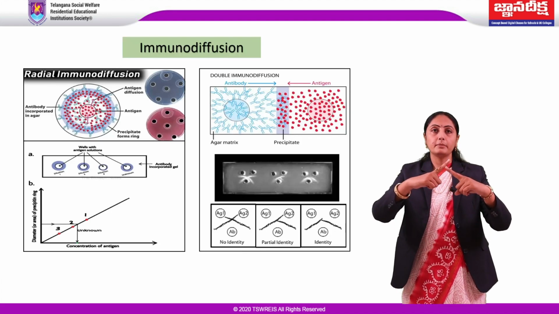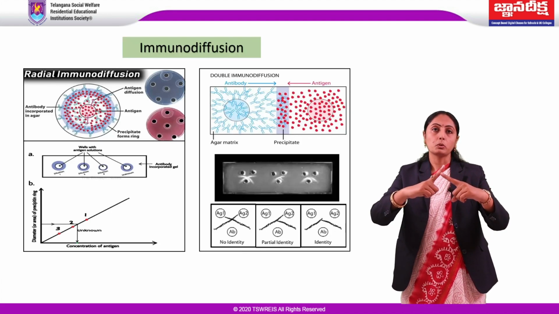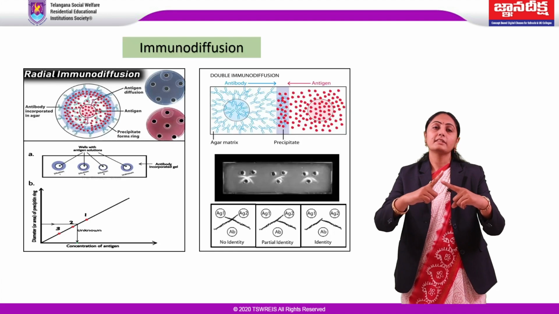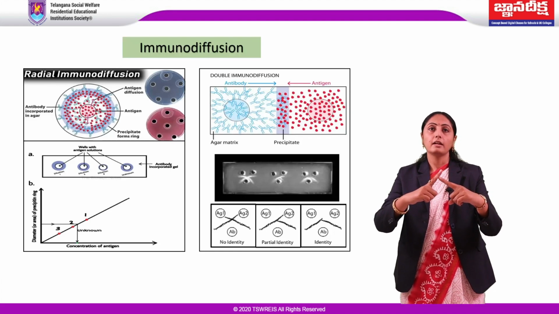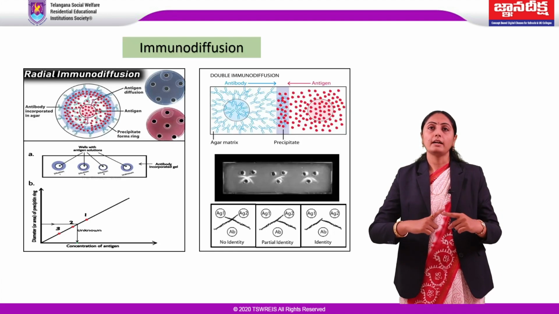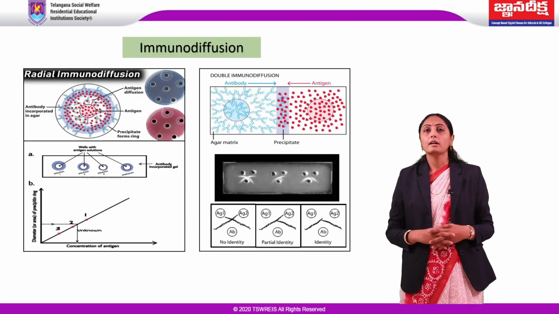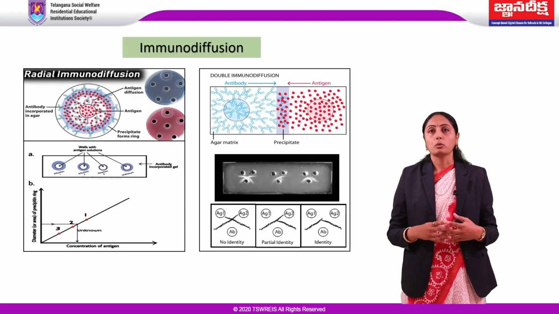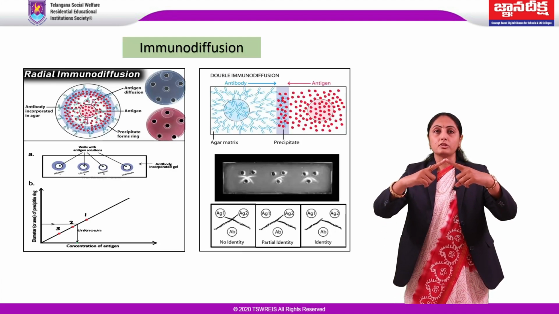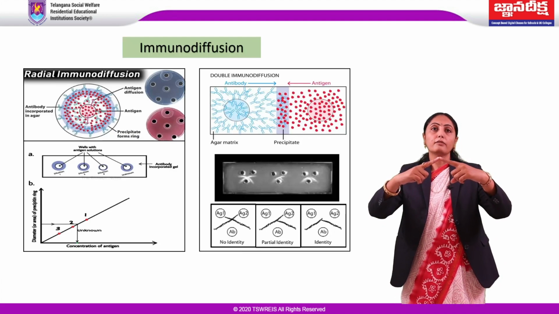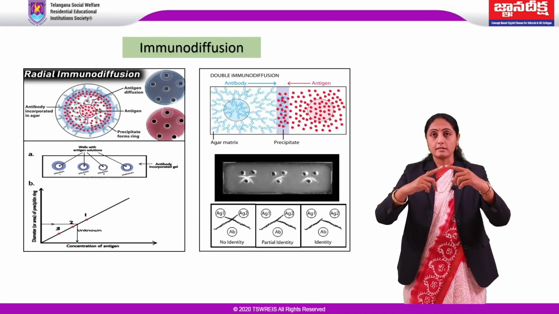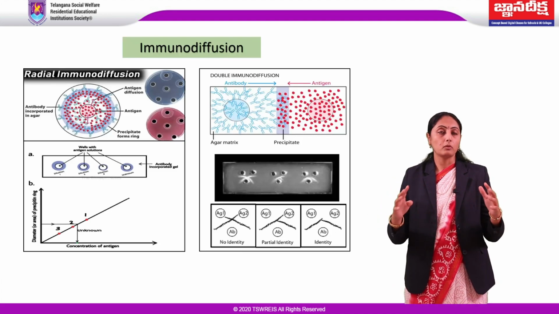The Y-shaped second reaction shows a continuous line with a spur at one end, indicating a partial identity of epitopes on antigens. A third reaction shows a precipitin arc formation, indicating a full identity and the presence of common epitopes among the antigens.